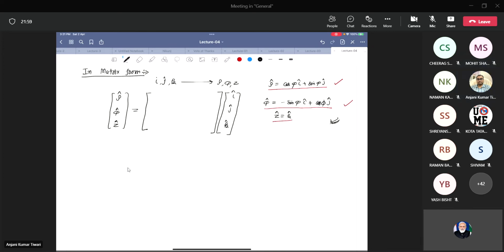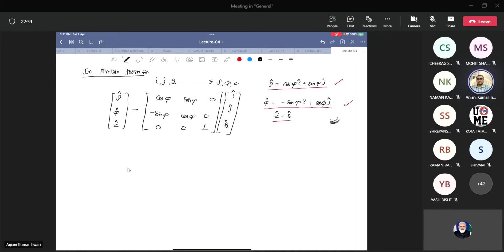Rho cap is cos phi i plus sin phi j, so there has to be a cos phi here, a sin phi here, and 0. Similarly, you can write down the rest, with 0, 0, 1 for z cap. Up to here, everything is clear? Yes, sir. That is why we need these equations, for this transformation.